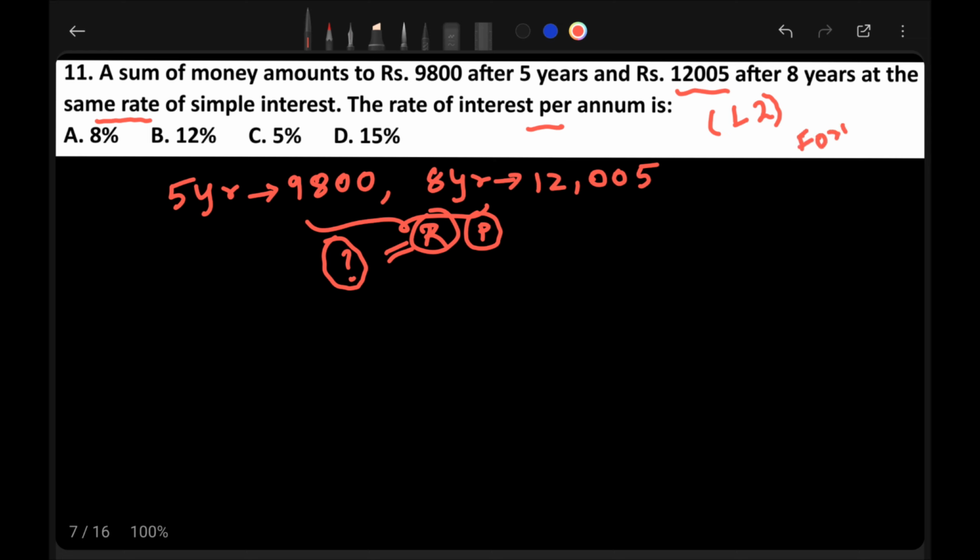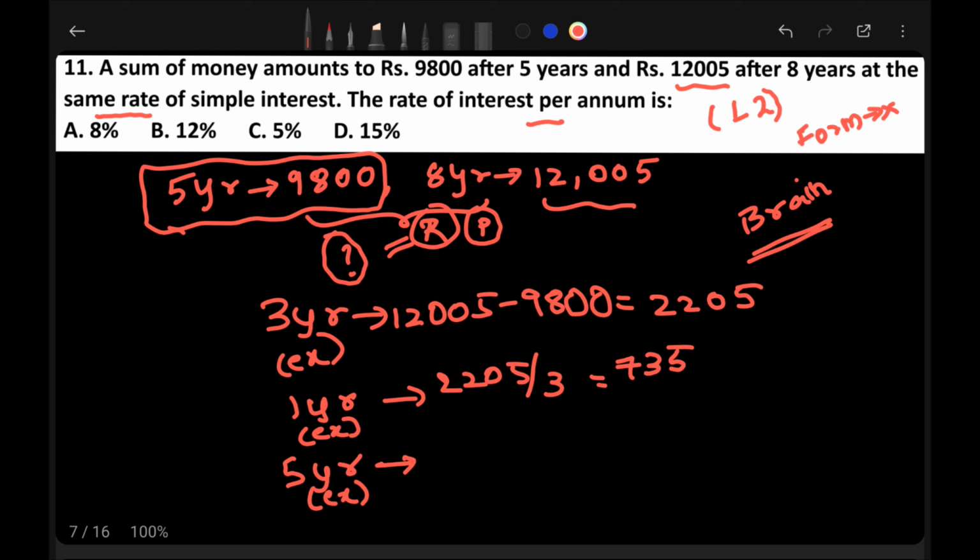Now here we have the amount for 5 years. Now we shall calculate the extra amount for 5 years. If we subtract it from the sum, we can get our principal amount. So for 5 years it is 735 into 5. 7 5s are 35. It's going to be 3675, right?